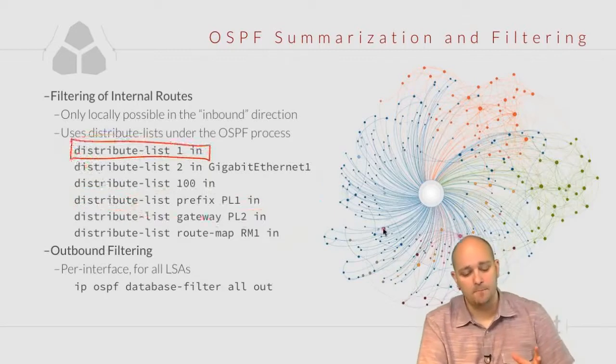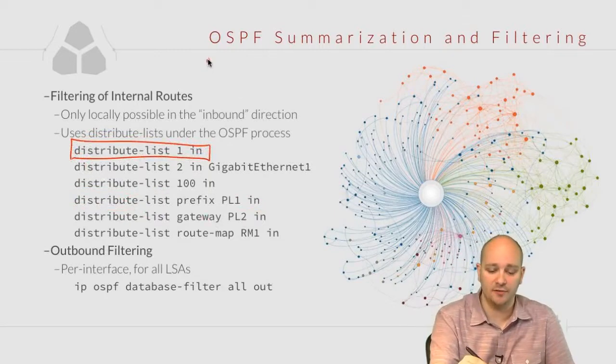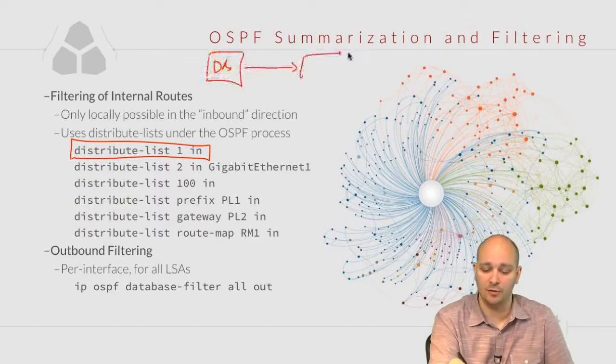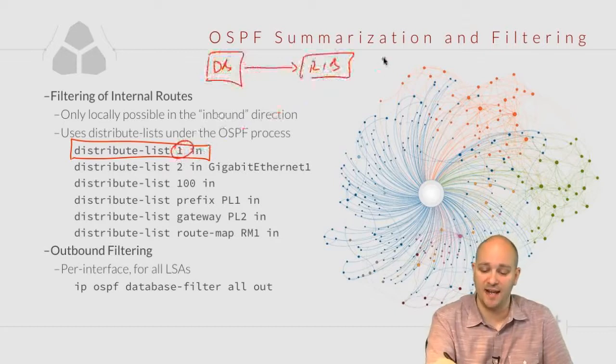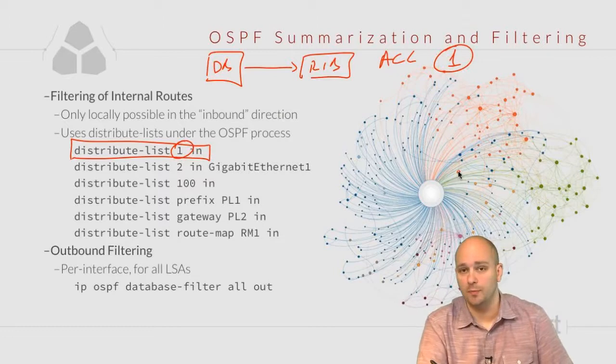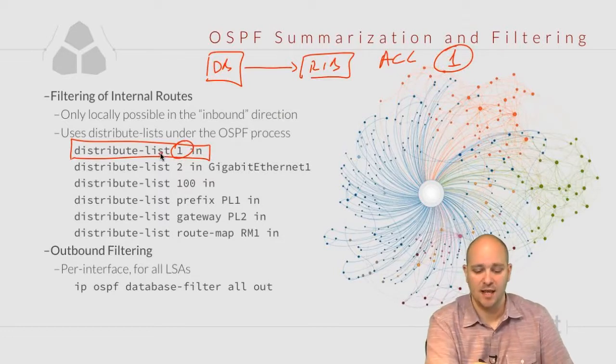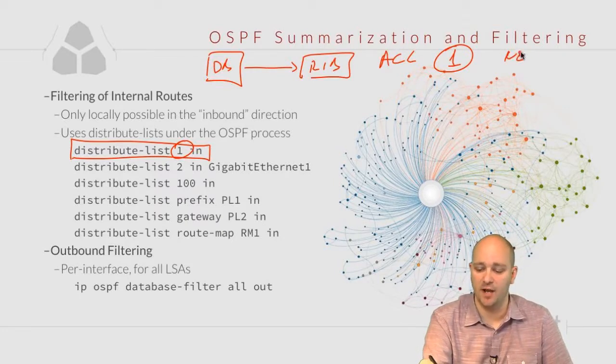What this does is implement the filter, as I said, between the database and the routing table in the inbound direction, and it's specifying access list number 1. That means it is going to be using the standard access list to filter the routes. And remember, when we are filtering using access lists, what we can specify are the networks, but we cannot match the net mask.